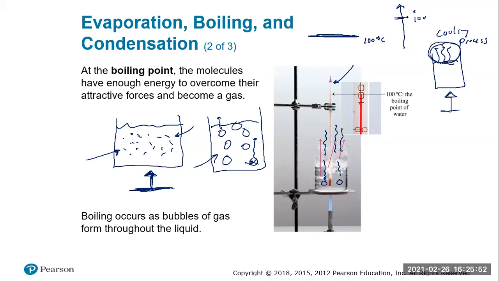So when your water starts to boil, that's why it's able to maintain, in a perfect world, 100 degrees Celsius. There are a lot of other things that affect the boiling point, things like pressure. If you boil water in a city at a higher elevation, it may boil at a different temperature than 100 degrees Celsius because of the pressure.